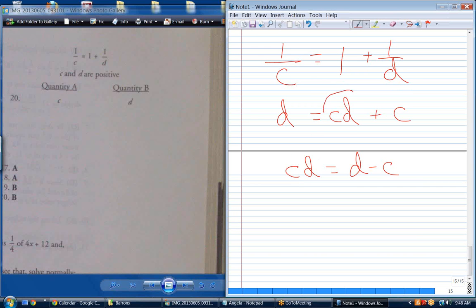But in other words, I can solve it over there. I got to subtract C from both sides. So if CD is equal to D minus C, and CD is positive, which is bigger, D or C?